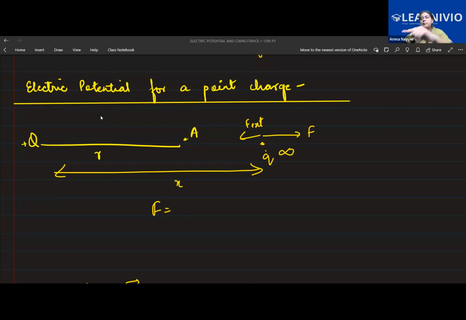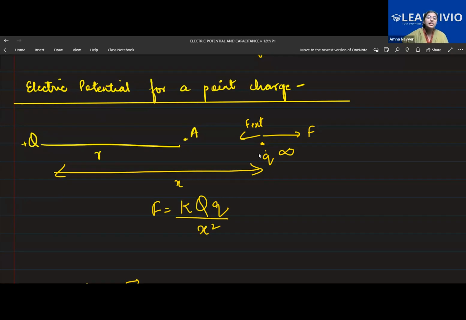A is a random point taken from plus q, so that you can calculate the potential. At plus q, you're not calculating. But why did we require this plus q? Because we want force in our system. So as Ibrahim correctly answered, the force will be K capital Q small q divided by x square. This is the value of the force experienced.